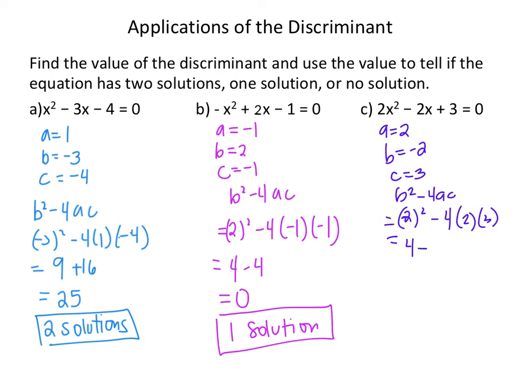Minus 4 times 2 is 8, times 3 is 24. So I'm left with negative 20. So my discriminant is now a negative number. If I was to use the quadratic formula and plug this in, I would have a negative inside a radical, which I could never do, right? You can't take the square root of a negative number at this point. So I'm going to have no real solution.